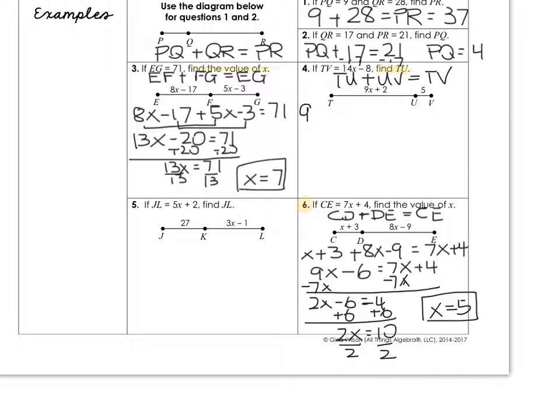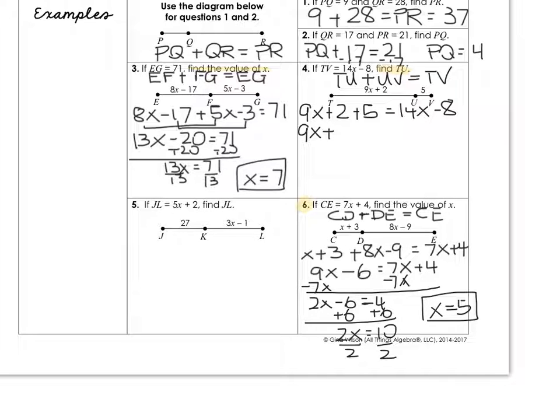Substitute in: TU is 9x plus 2, UV is 5, TV is 14x minus 8. This is just solving an equation now.